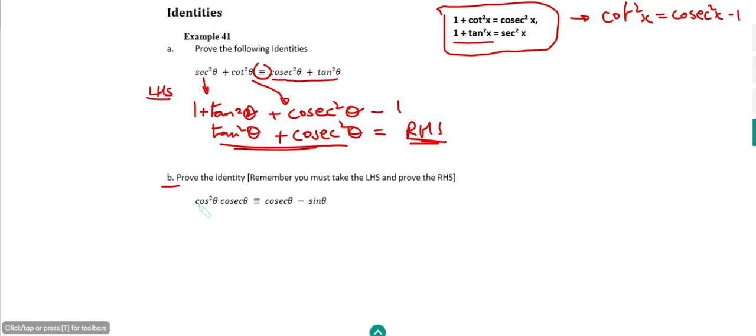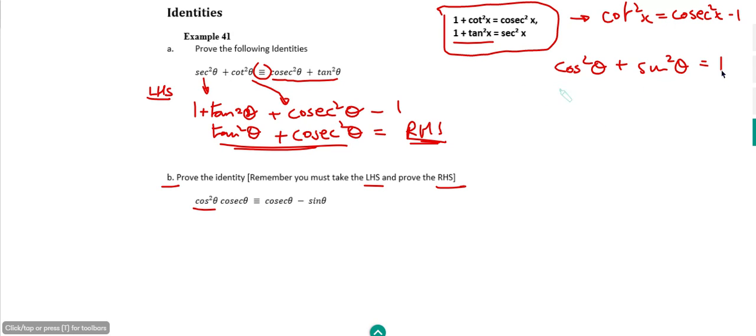So looking at B, again, we're going to work on the left-hand side and show that it turns into the right-hand side. So we can use the other identity, which is that cos squared theta plus sine squared theta is equal to 1.